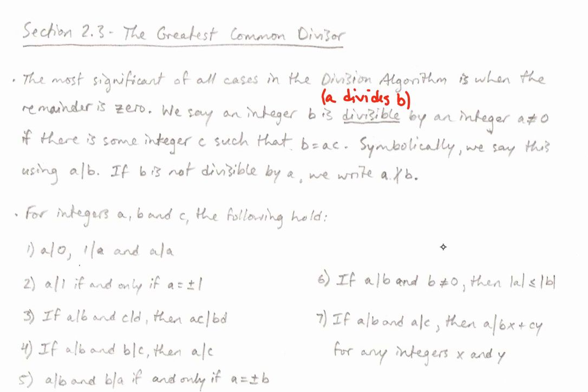From our previous video, or the one before that, we know that if we have two integers, a and b, and typically we assume that a is greater than b, by the division algorithm, we can write a as q times b plus r, where r is greater than or equal to 0 and strictly less than b.